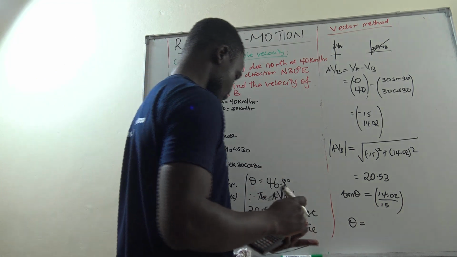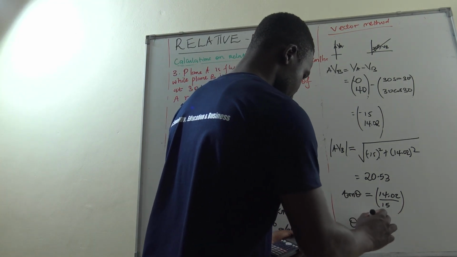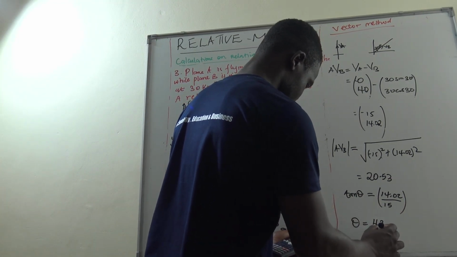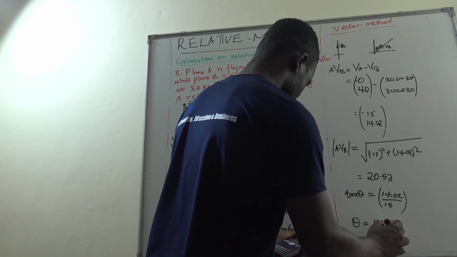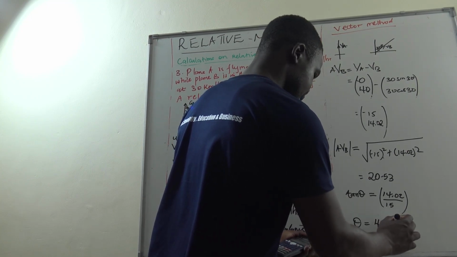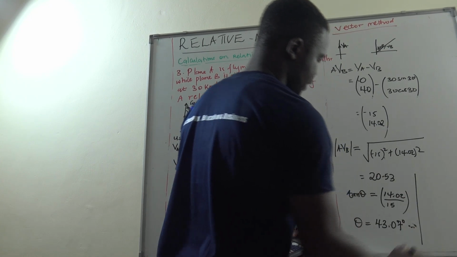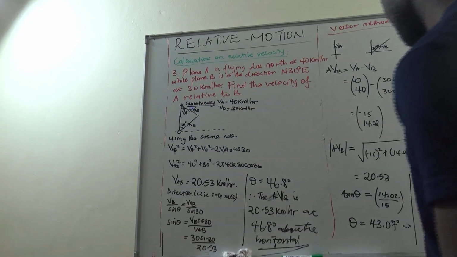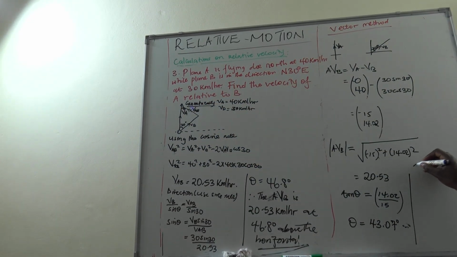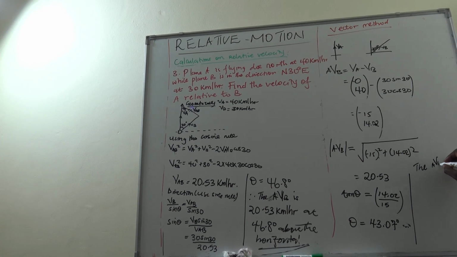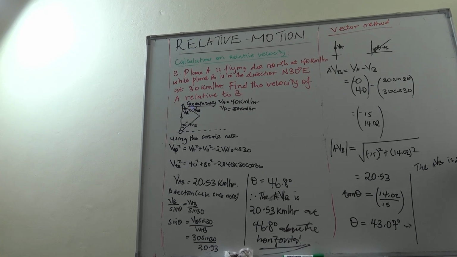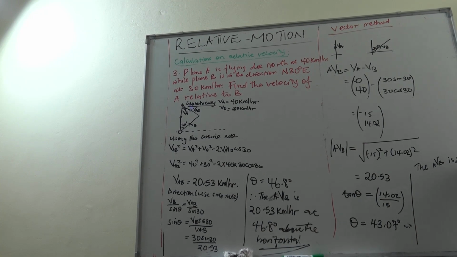Here we get 43.07 degrees, and we conclude that the velocity of A relative to B is 20.53 kilometers per hour.